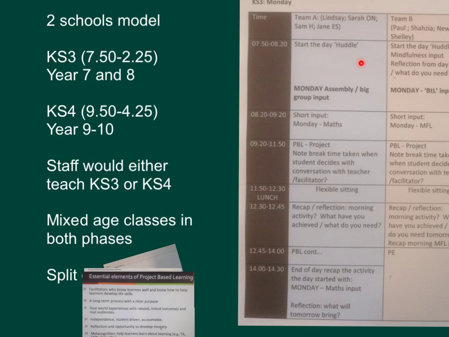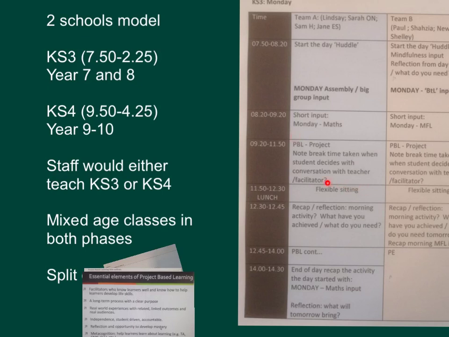On this particular day we've got an assembly, but on different days there's different things in terms of the input at the start. And then there's another input which is for maths there, which could be from a maths specialist, but not necessarily, but there is a maths specialist within the pair of teams there that can support in terms of that specialist input. Then we have some project time on the Monday there.